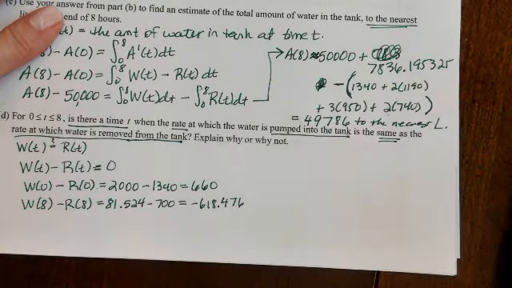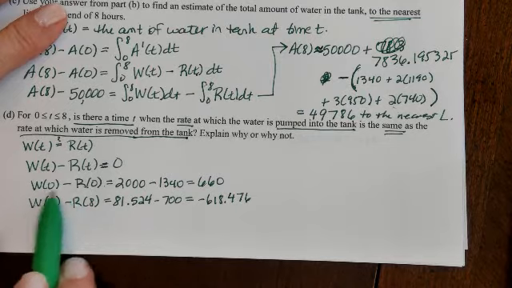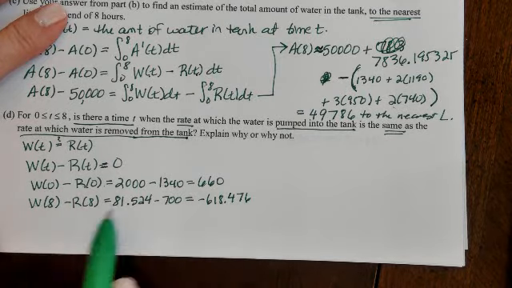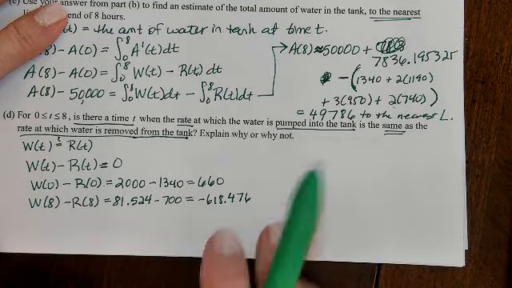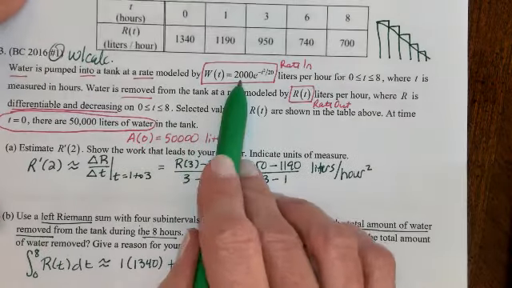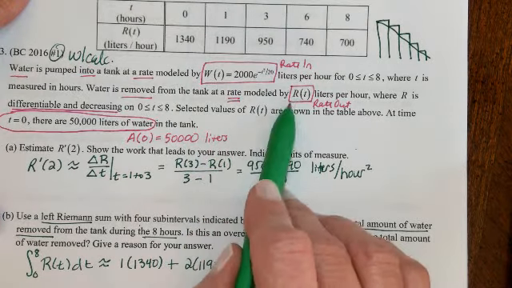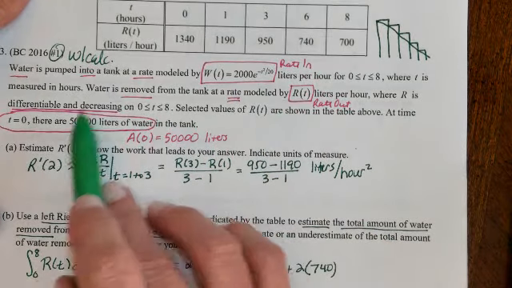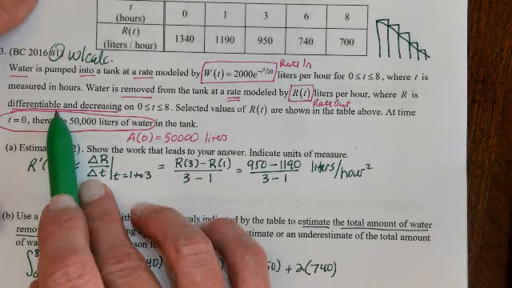So I'm going to take that and subtract 700, negative 618. Okay? At time 0, this difference is a positive number. At time 8, this difference is a negative number. This function is always continuous, and they gave me that r of t is differentiable, therefore r of t must be continuous.